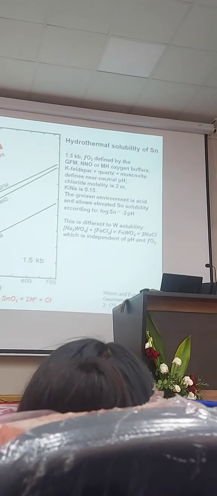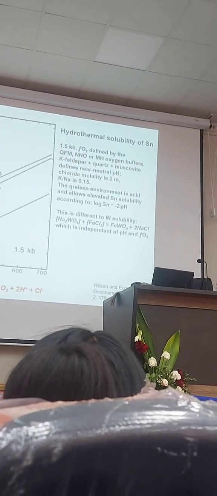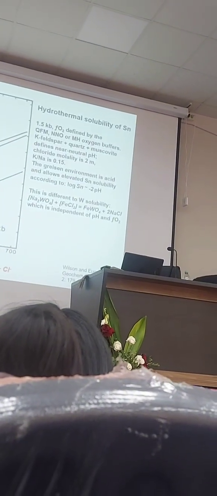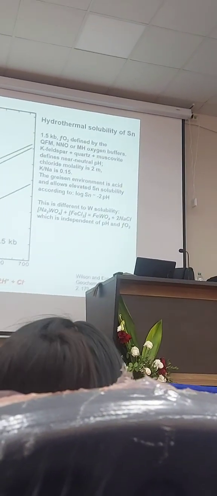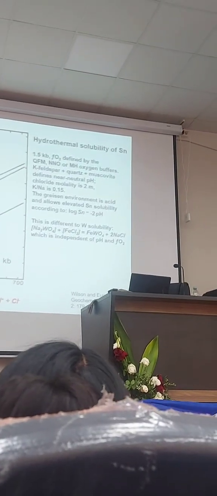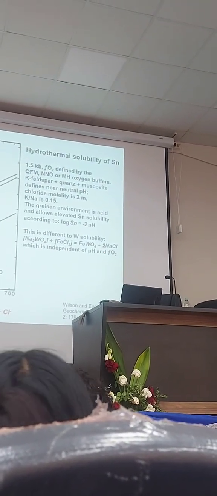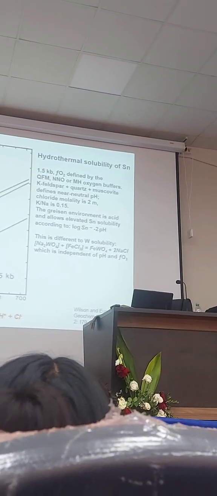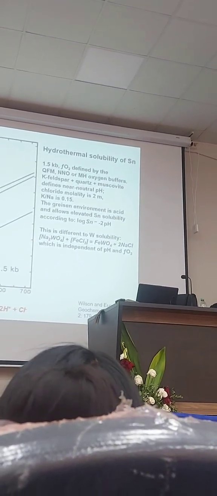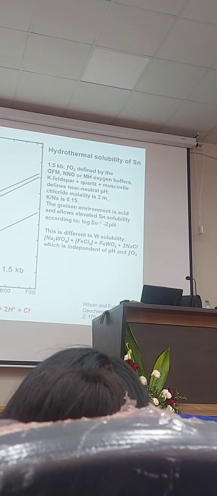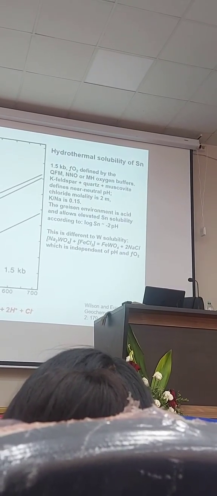This is the reason why we often have separate tungsten and tin deposits. Tungsten solubility is different. It's related to tungsten and salinity, but there is no dependence on pH and fO2. No dependence on oxidation state, and no dependence on pH. So this is why tungsten precipitation works on completely different mechanisms than cassiterite crystallization.